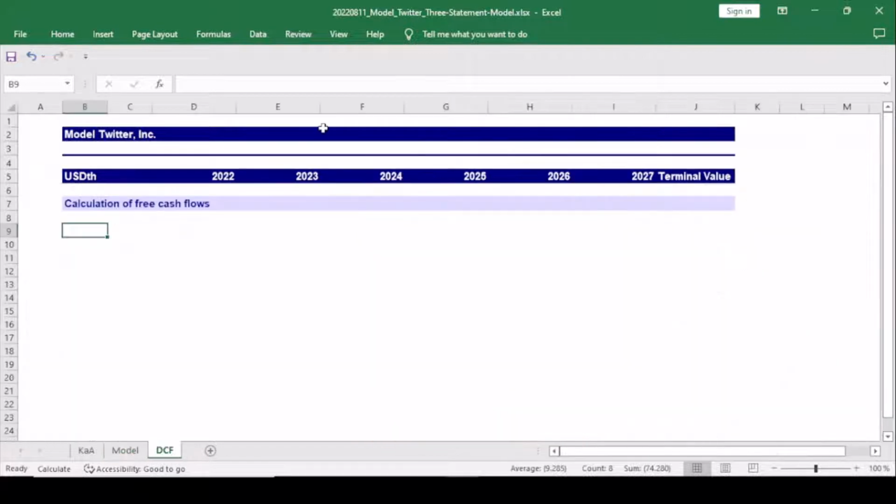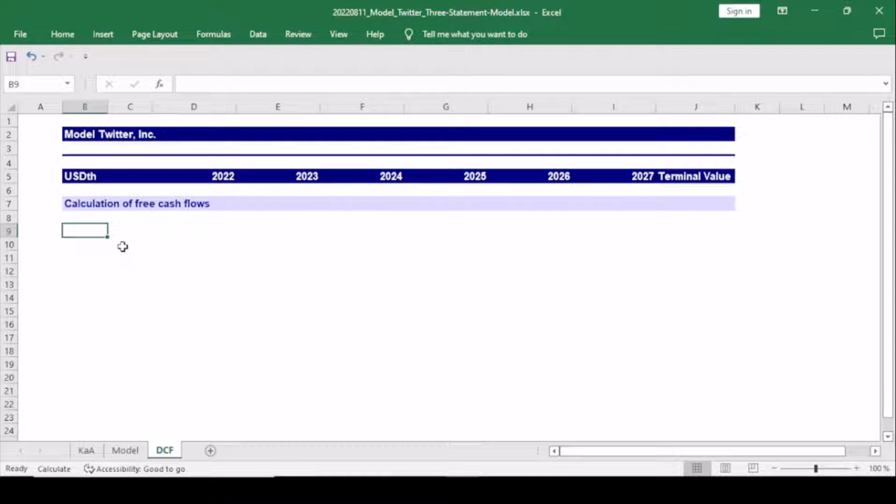However, we will go on to calculate the enterprise value of Twitter. This so-called EV represents the value including equity value and any debt instrument which is used to finance Twitter's business model. We also utilize the weighted average cost of capital, or WACC, to calculate the discounted cash flows and terminal value.